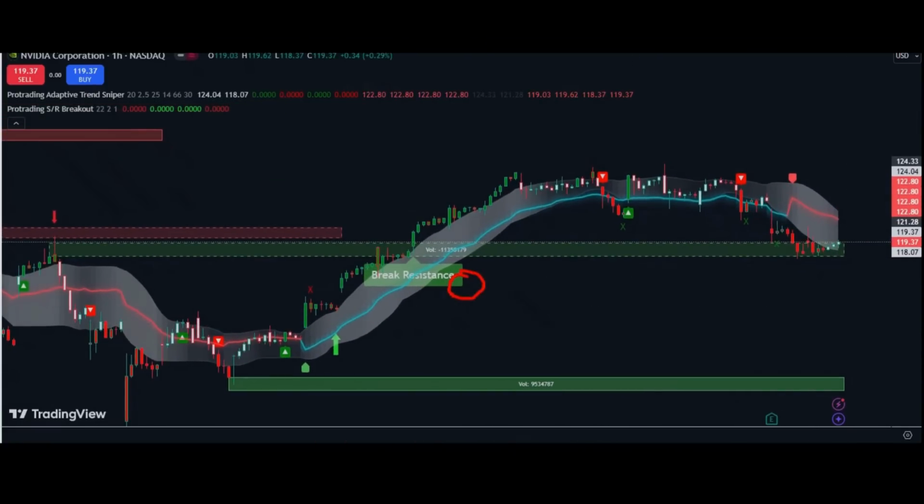Once you enter your buy trade, your stop loss should be below this point. If you are a swing trader, some traders will want to put their stop loss below the support which was preceding the signal.